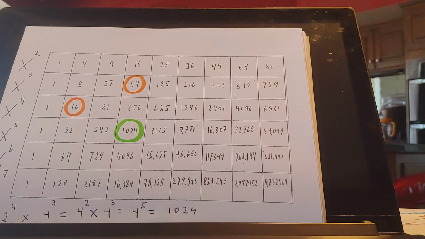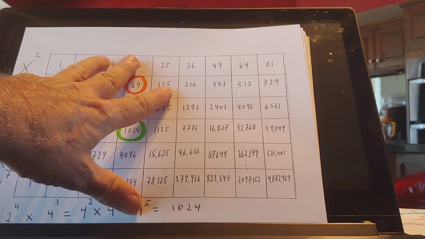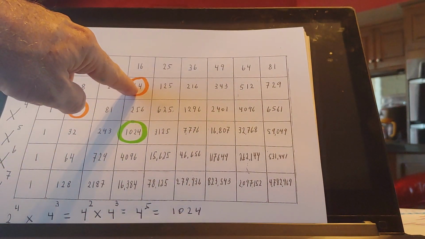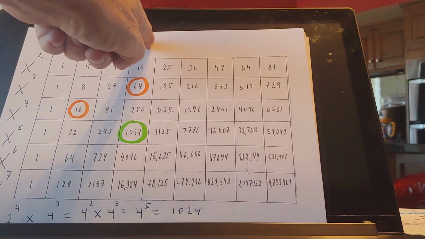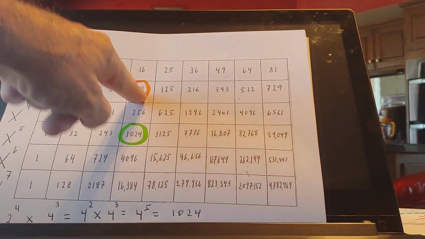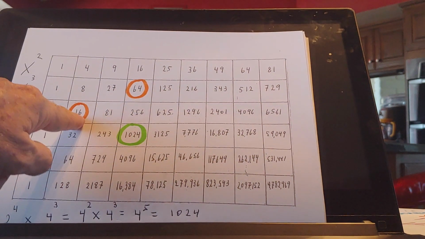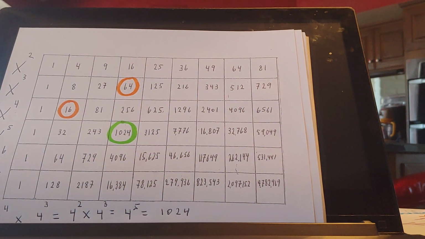Okay, just very simply, now you can see what happens. The direction makes all the difference, because that determines the rules. Now, 16 times 64, that's 2 to the 4th times 4 to the 3rd, which will be 1,024, which is 4 to the 5th.